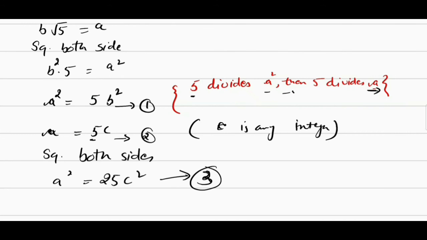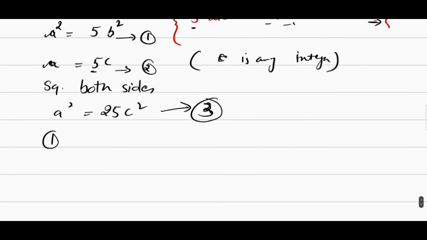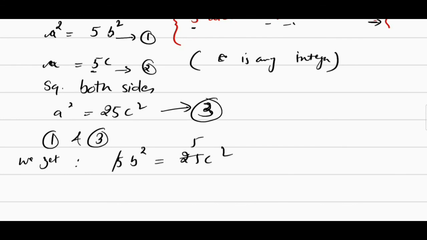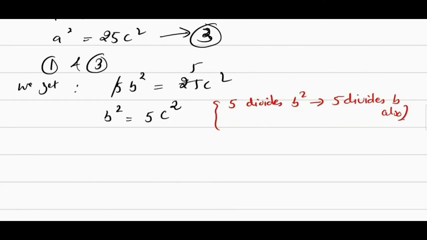So comparing equations 2 and 3, we'll get 5b square is equal to 25c square. So this will become b square is equal to 5c square. So here we can say that 5 divides b square, so it means 5 divides b also. And we know that 5 divides a also.